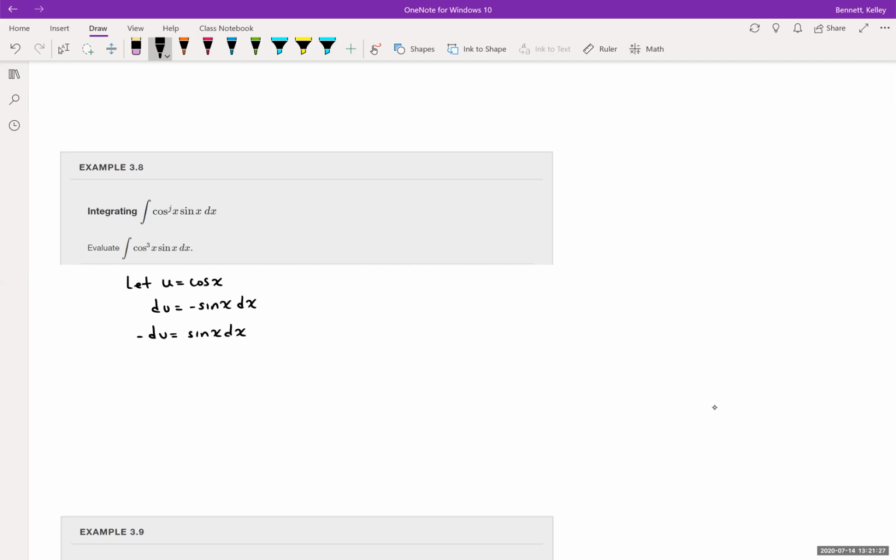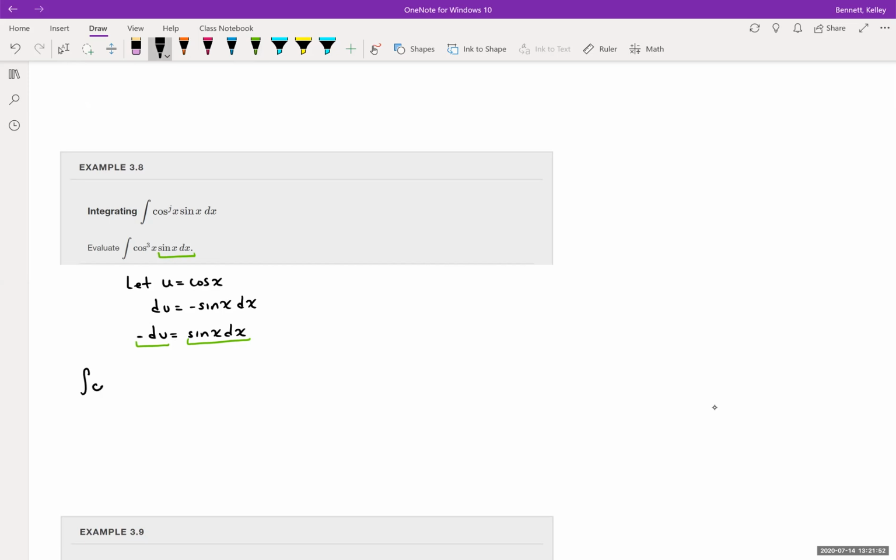sine x dx. I always write this third step just so I can get good clarity on what this becomes. You could just remember to throw in whatever constants you have from your differentiation, but I like to do it this way. So I know that that will become negative du. And then I just integrate.